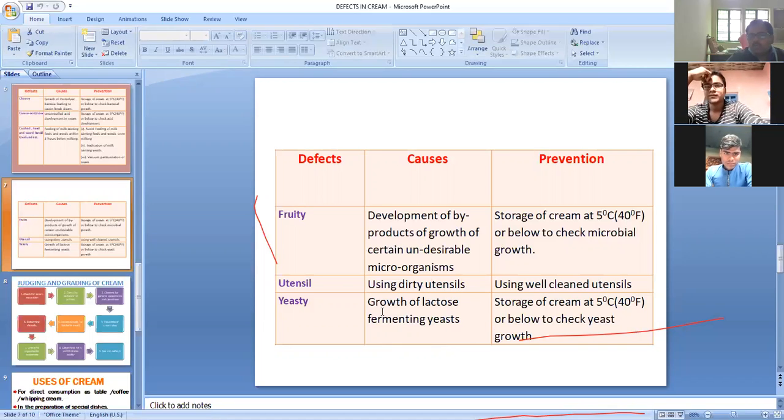When the growth of lactose fermenting yeast occurs, then definitely the yeasty flavor may come into the cream. So we always recommend keeping the cream at 5 degrees centigrade or below, so that we can minimize or restrict the growth of the yeast and check the yeasty defect in the cream.